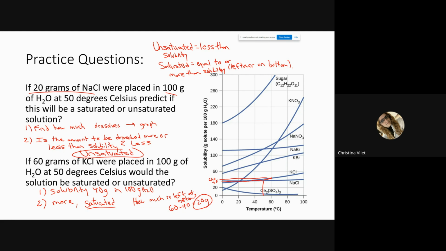It turns out that if you leave the solution undisturbed, when you cool it down, you'll still have the same amount dissolved at the lower temperature that was dissolved at the higher temperature. So you're theoretically dissolving more than what is suggested by the solubility.